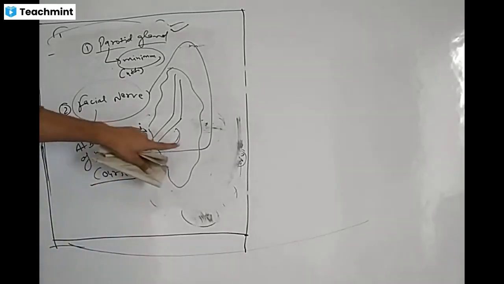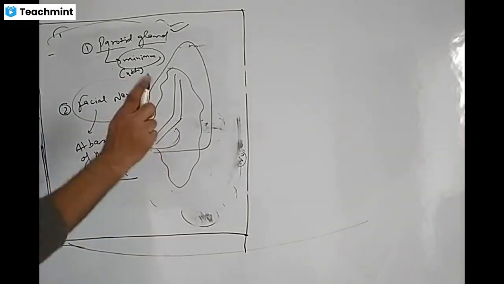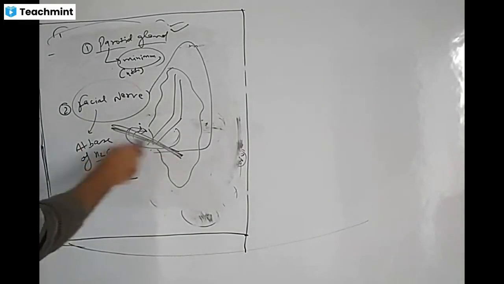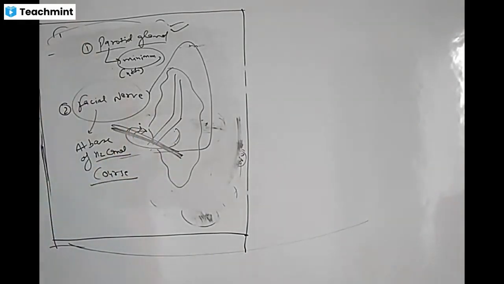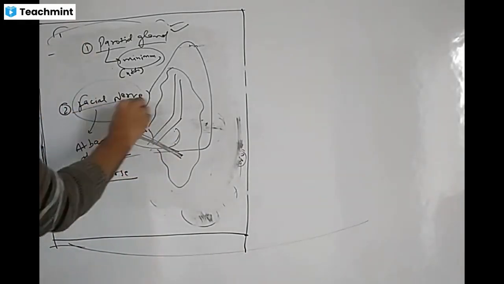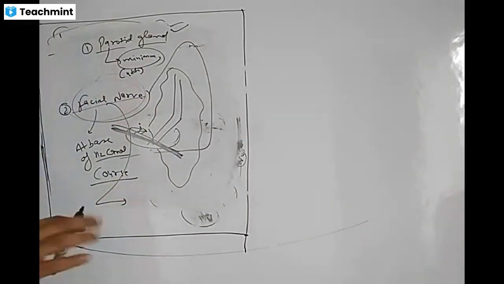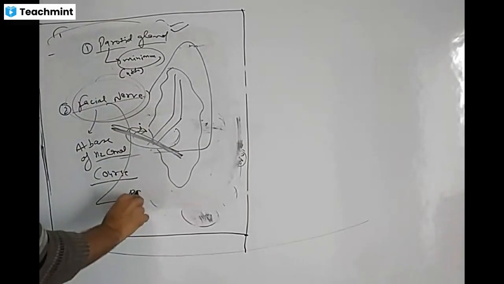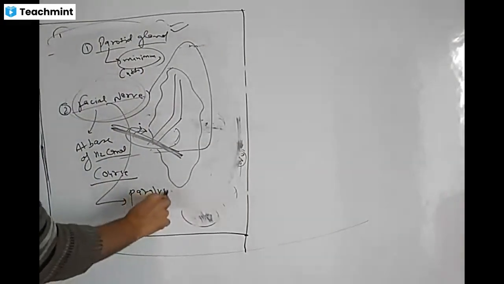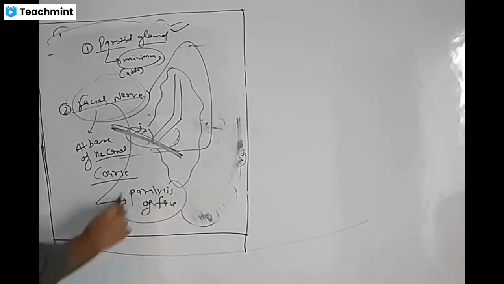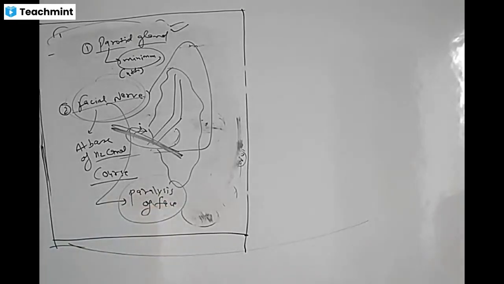So if you cut the horizontal canal without knowing the anatomy, you can cut the facial nerve. If you cut the facial nerve, all the branches of the facial nerve will lead to paralysis of the face. All the muscles get paralyzed.